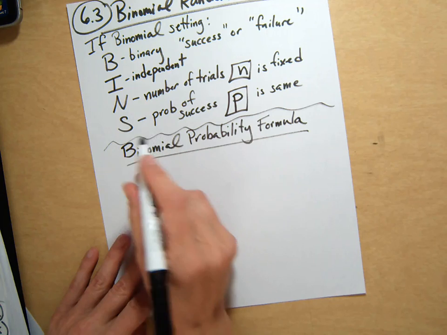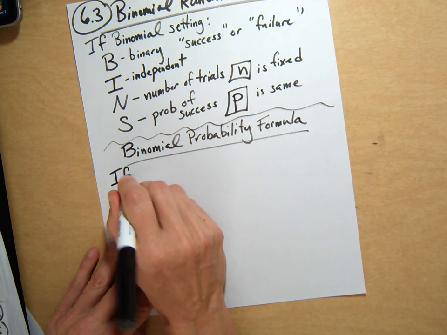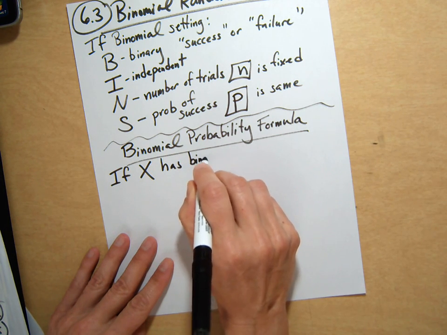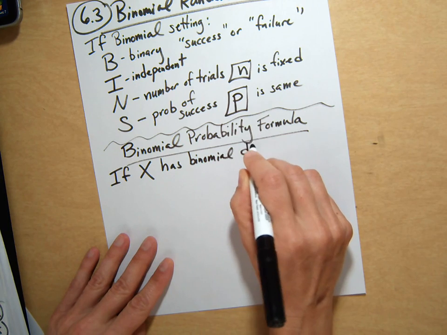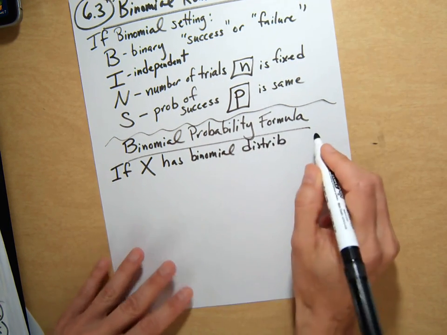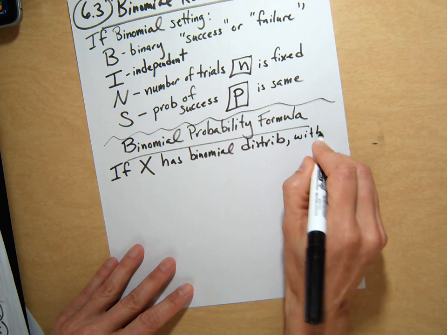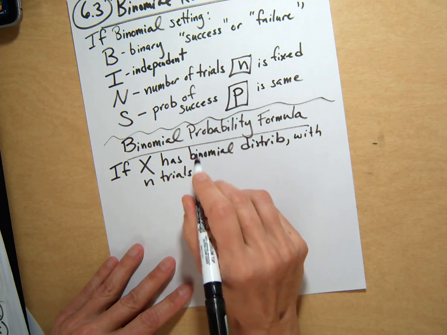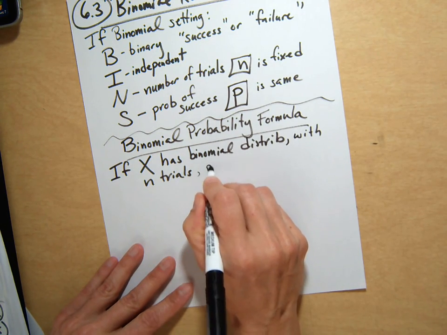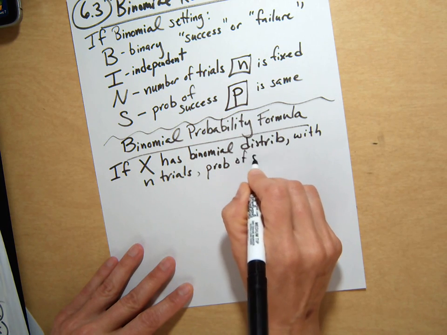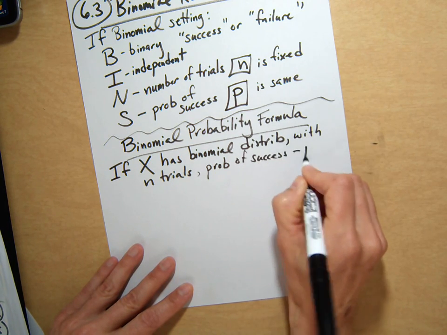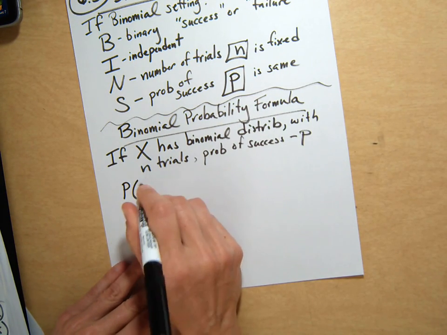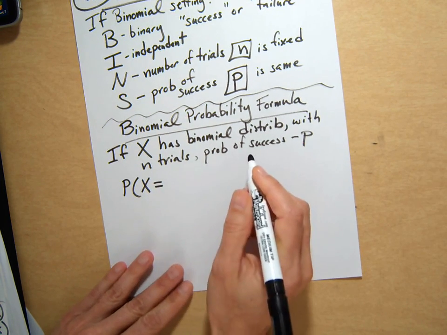So the binomial probability formula is this: if you have a random variable X that has a binomial distribution, so you have to check BINS first, and you have n trials, and the probability of success on each trial is P, then it is this: the probability that you would have success on a certain number of trials.